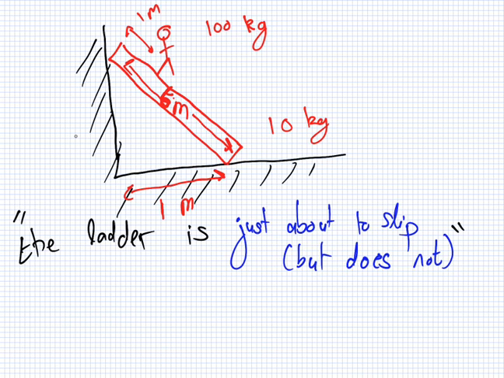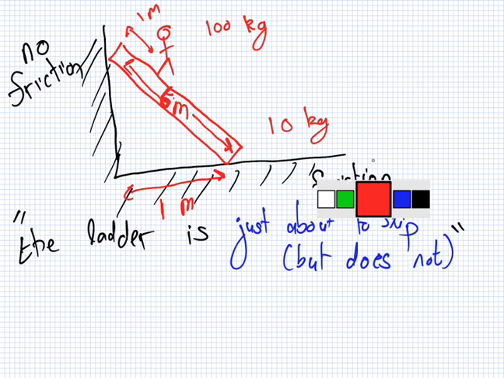And the other thing I'll say on this picture here, which is what they normally do in the exam as well, is that on this wall there's no friction here, but there is friction here. So that means we think about this wall as being like ice.